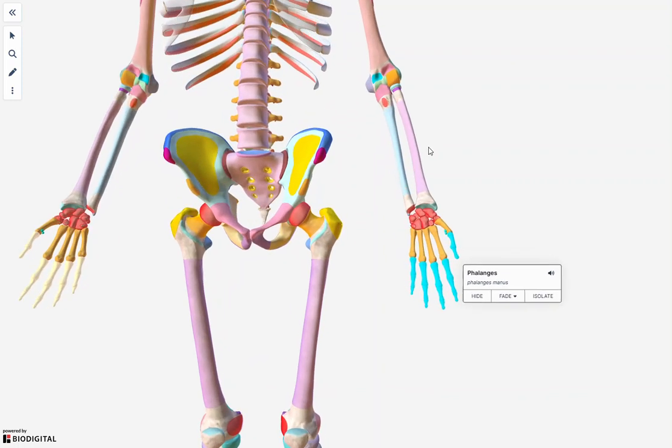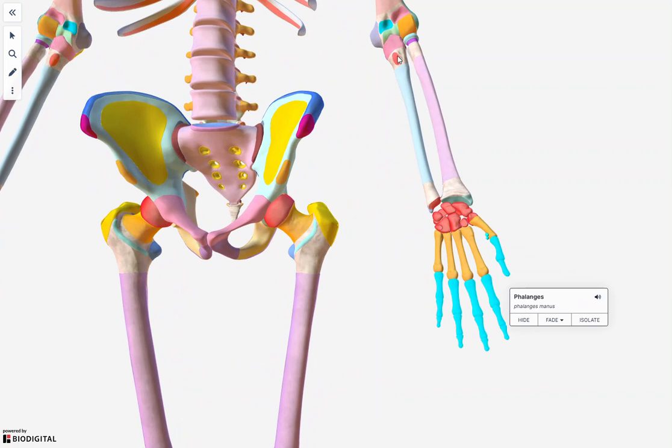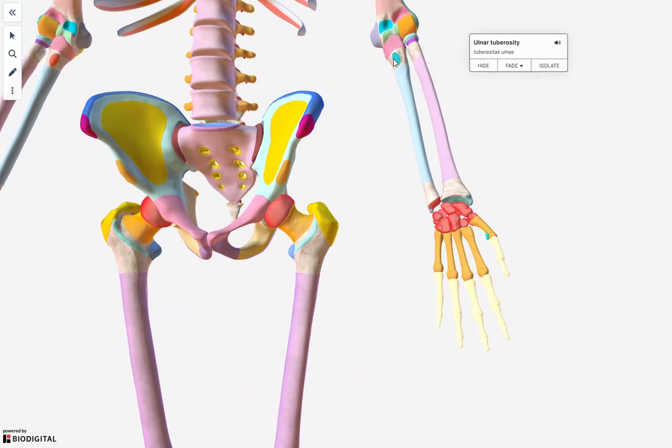So when we get into the elbow, we'll be talking about the ulnar tuberosity, the neck of the radius, and the head of the radius. Let's take these two very small structures that are very close together, but we need to be able to identify that the head of the radius is more proximal than the neck of the radius.